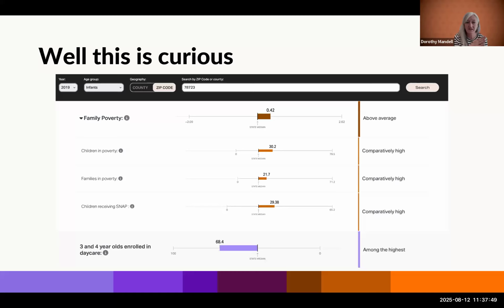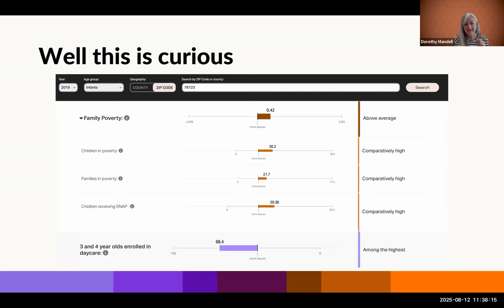It's above average. Over 30% of the children who live in this zip code are in poverty, below the poverty level, which translates into 21% of families with a child in this community being in poverty, and that also translates into a high SNAP utilization rate.